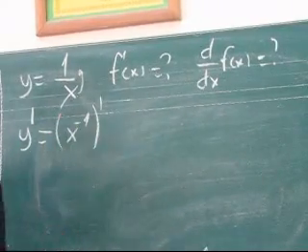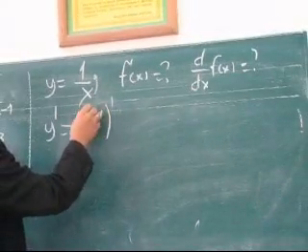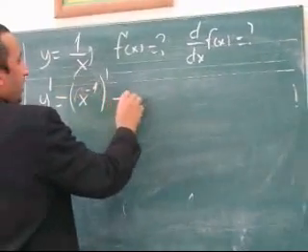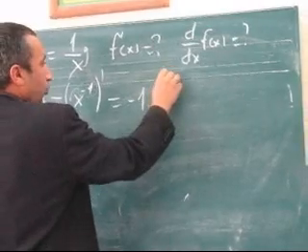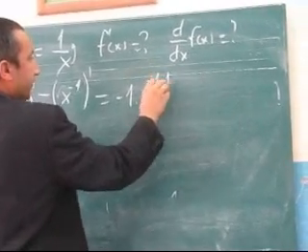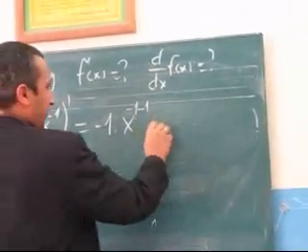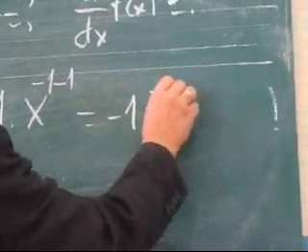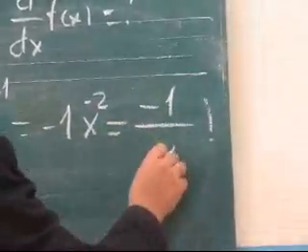Then, how will we do it? We will bring the minus 1 in front. Minus 1 multiplied by x to the minus 1 minus 1. Then it will be equal to minus 1 multiplied by x to the minus 2, which is equal to minus 1 over x squared.